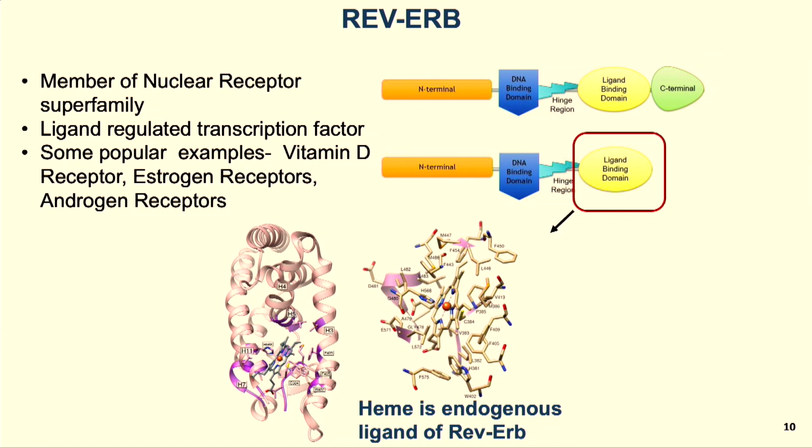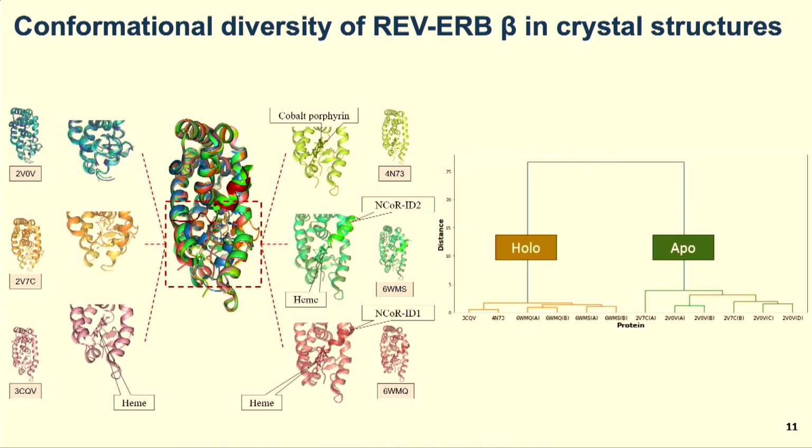So we wanted to understand what is the structural basis of antagonist and agonist binding in this particular ligand binding domain. For this, first, what we did is we looked at the conformational diversity of Rev-Erb across all the crystal structures which are present in PDB, which are not a lot. So there are about 8 or 9 structures present for this particular protein in different states. So I'm just showing some of these here. This, for example, is an apo structure, which essentially means there's no ligand bound to it.